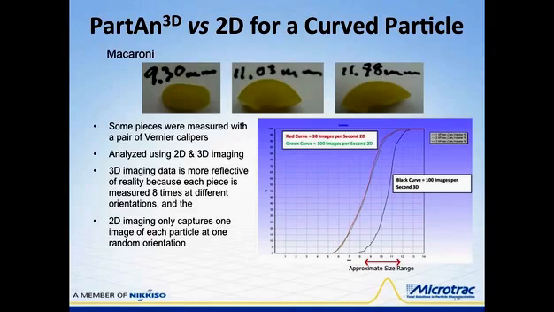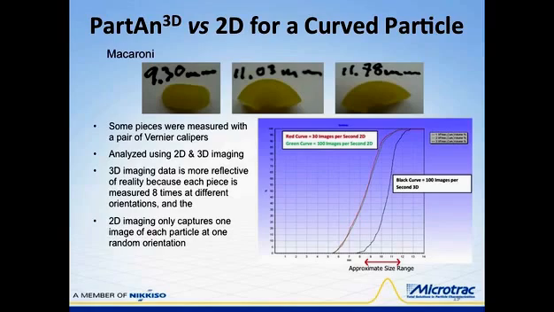The three particles shown above measured near 9, 11, and 12 millimeters by calipers to give an example of the lengths of these particles. The red and green cum finer length distributions on the left are the 2D results taken at two different camera frame rates where there's not much difference.